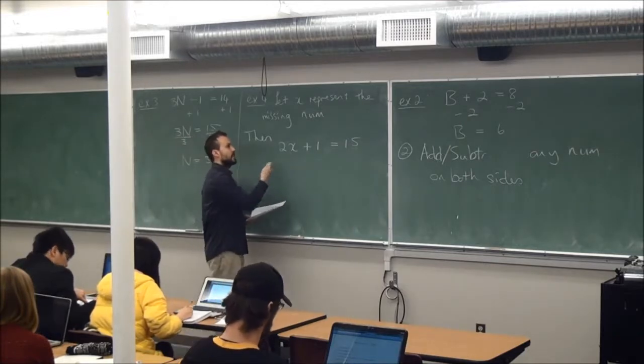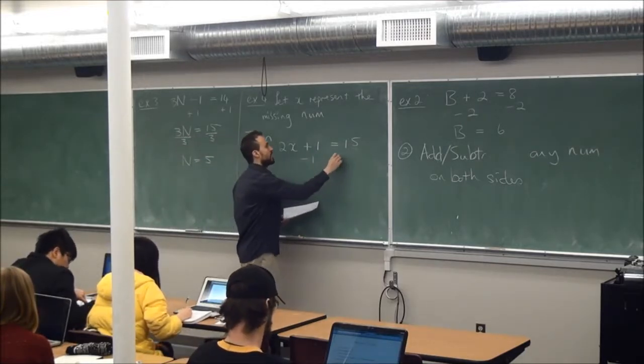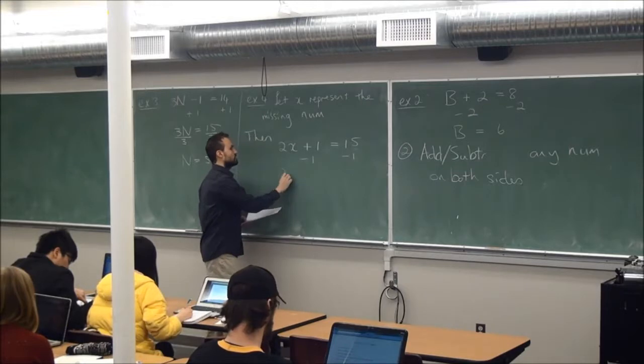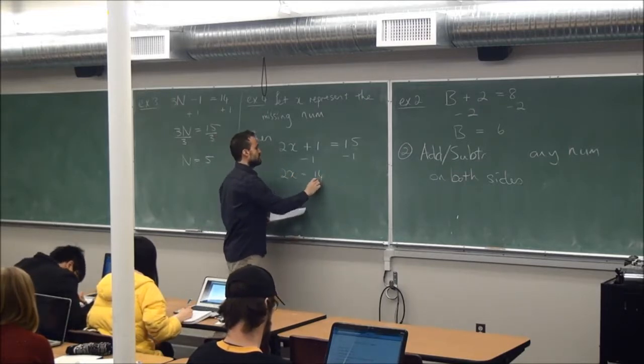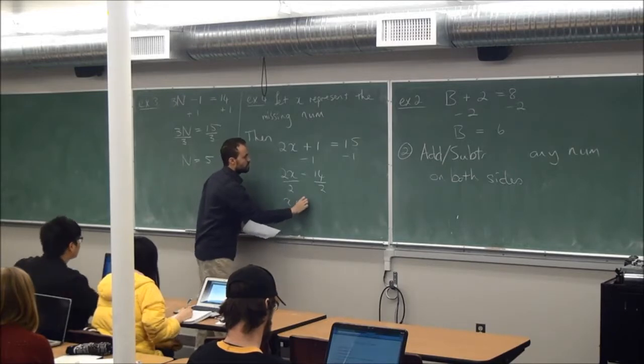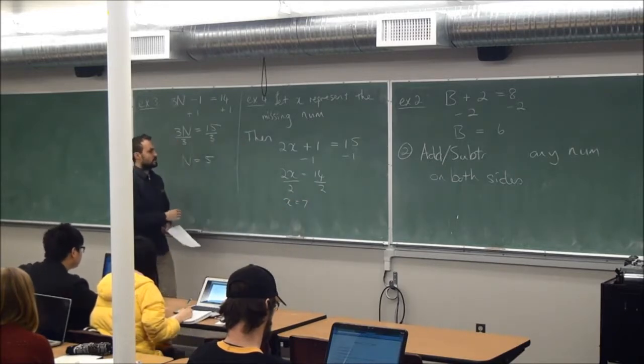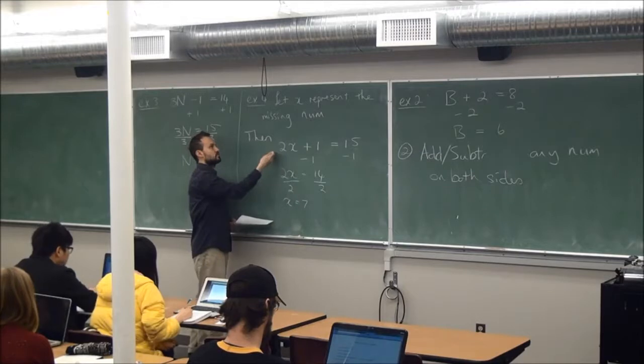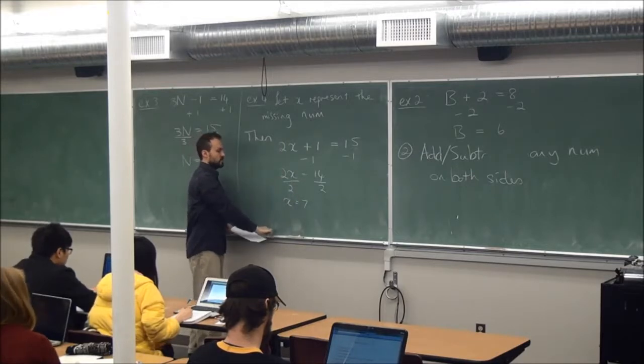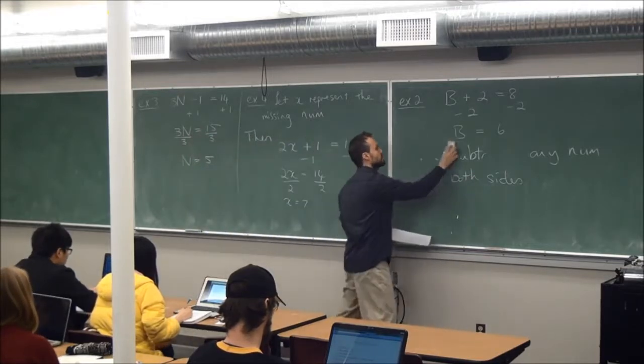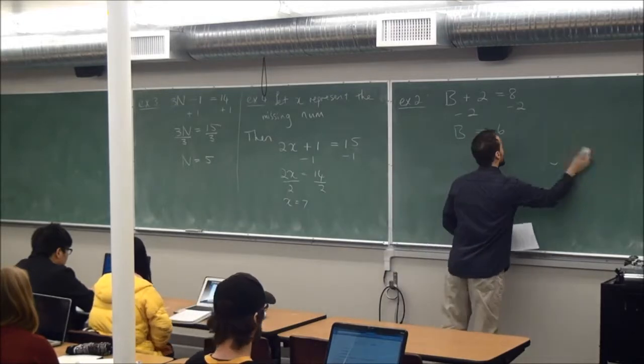So now I'm trying to find x. Subtract 1 on both sides to get 2x equals 14. Divide by 2 to get x equals 7. And I just used x to find the answer easily. I guess I have to do a little sentence just to say, okay, this is my answer.